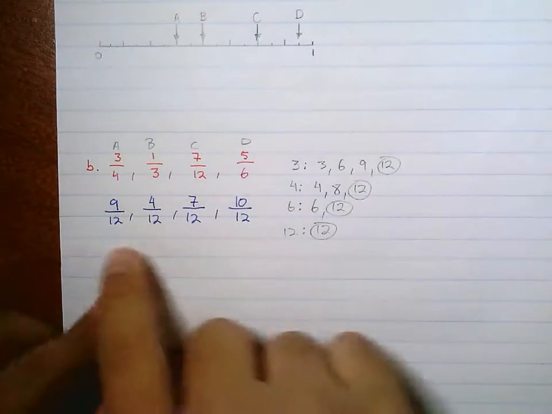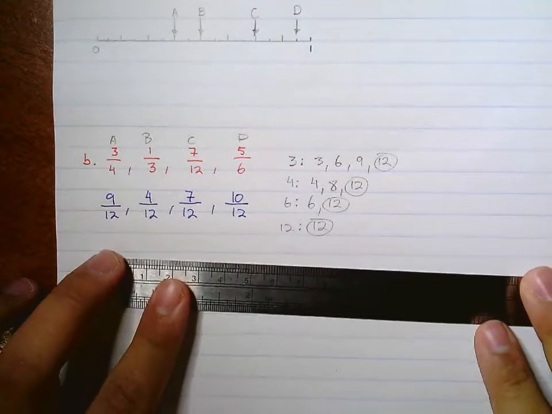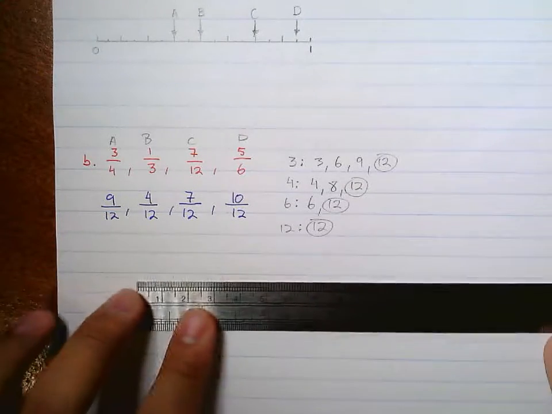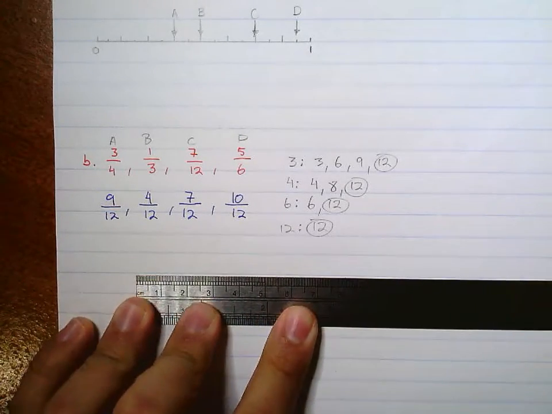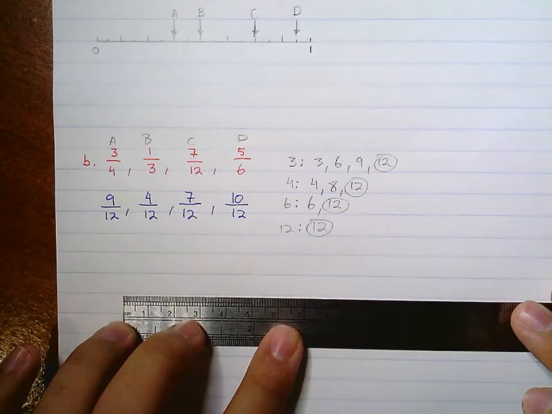So here, once again, we need 12 even spaces in a line. For this one, I think I will use 12 centimeters just to give myself more room. Here we go.